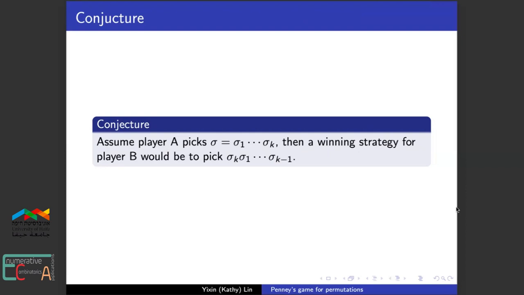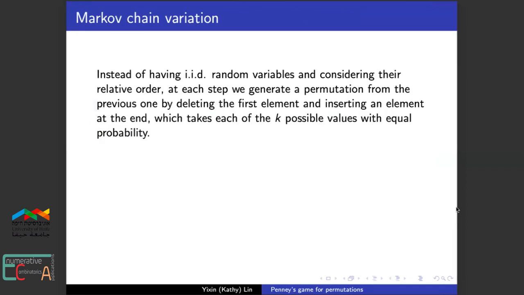This is true for patterns of length 3 and 4, and we're hoping to prove it for any general k. We also have a Markov chain variation of Penney's game for permutations. Instead of having independent identically distributed random variables and considering their relative order, at each step we generate a permutation from the previous one by deleting the first element and inserting an element at the end, which takes each of the k possible values with equal probability.